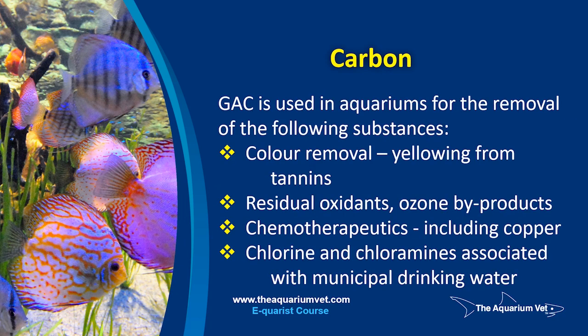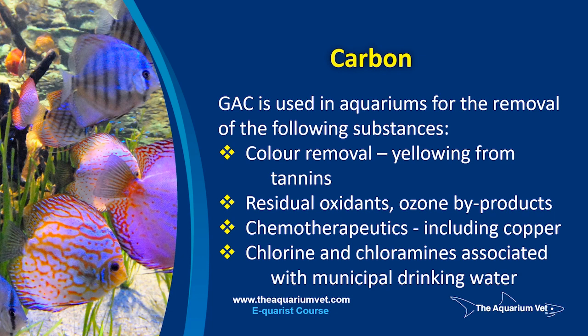And what we use it in aquariums is for, number one, colour removal. So any yellowing from tannins, where you've had maybe logs submerged in the display and you get that yellowing because of all the tannins released by the logs, the carbon, the GAC, the granular activated carbon, is very good at removing that. It will remove any residual oxygen.